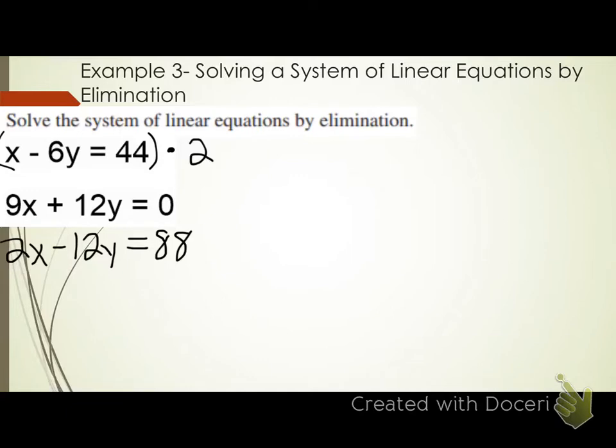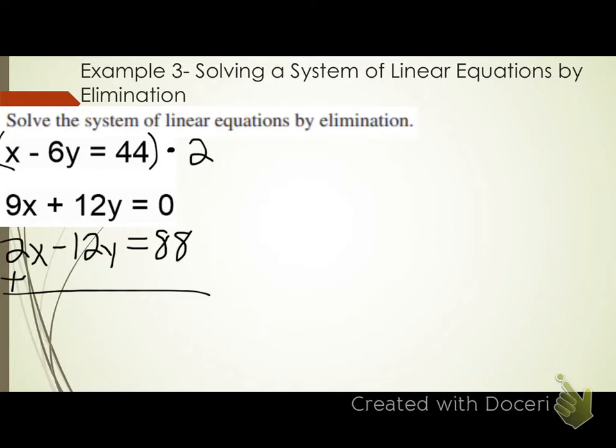We good with me multiplying 2 through the top equation? Now, do I have same number opposite signs in front of either variable? Yes, I do. In front of my y values. Now that I have same number opposite signs, I can now add my 2 equations. We're good there.